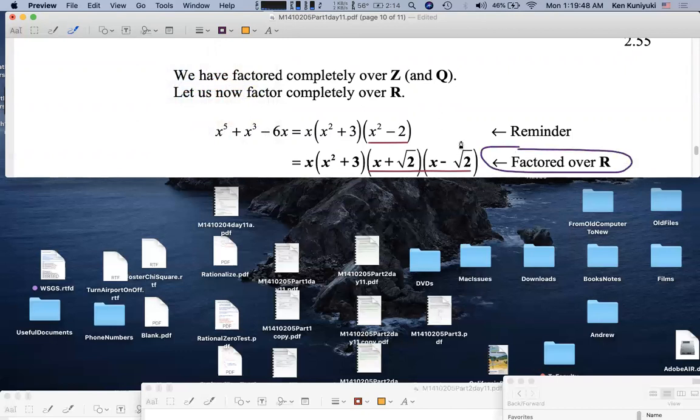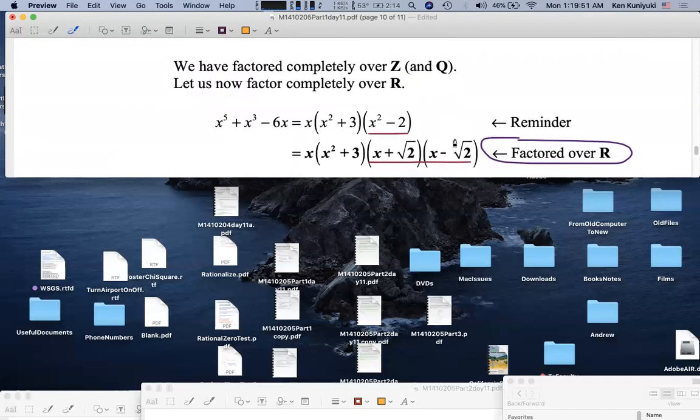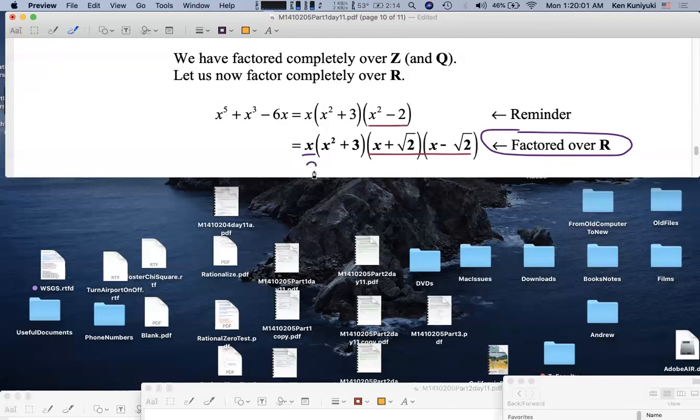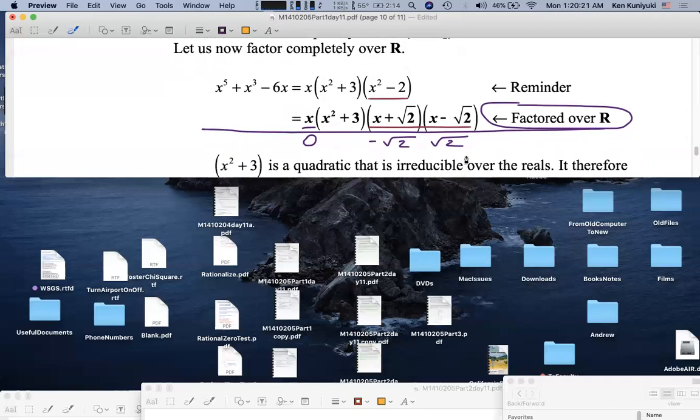Now from these factors, we are able to get the real zeros. What are the real values of x that will make this equal to 0, this equal to 0, and this equal to 0? Well, x equals 0 makes this factor 0. Negative root 2 makes this factor equal to 0, and positive root 2, when plugged in for x, makes this factor equal to 0. And we have no real zeros coming from here.